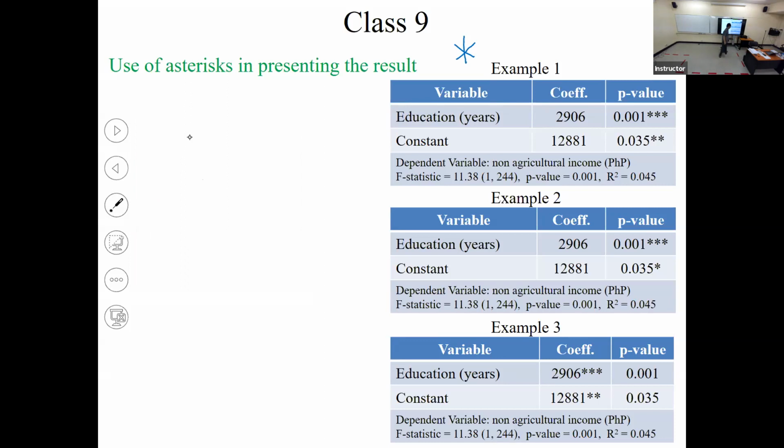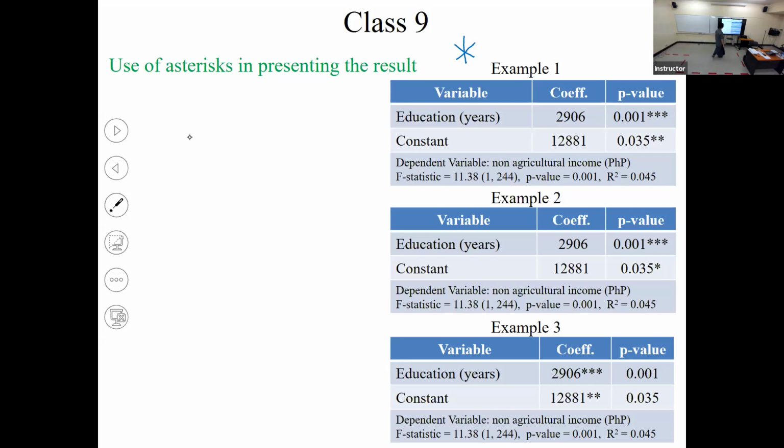Okay, so when the statistical significance level is high, that means when the p-value is small, then you put many asterisks. Common practice is maximum 3. Okay, so according to the significance, according to the p-value, you put either 3 asterisks or 2 asterisks or 1 or 0.